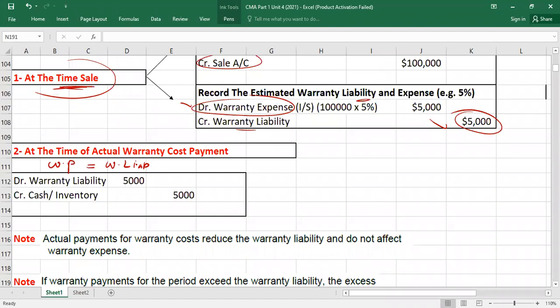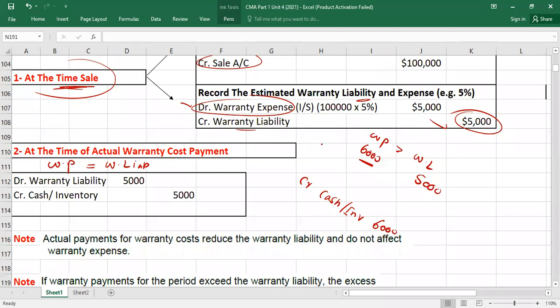Scenario number two: if your warranty payments are greater than the warranty liability, what to do? For example, you made a payment of 6,000, but the warranty liability was 5,000. First of all, you have to credit cash or inventory with the value you have paid, 6,000.